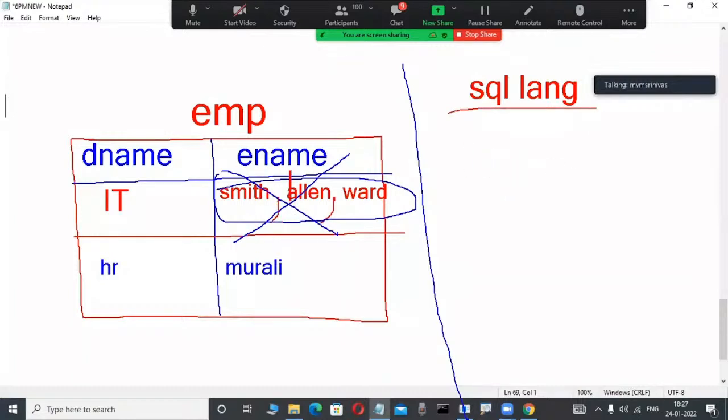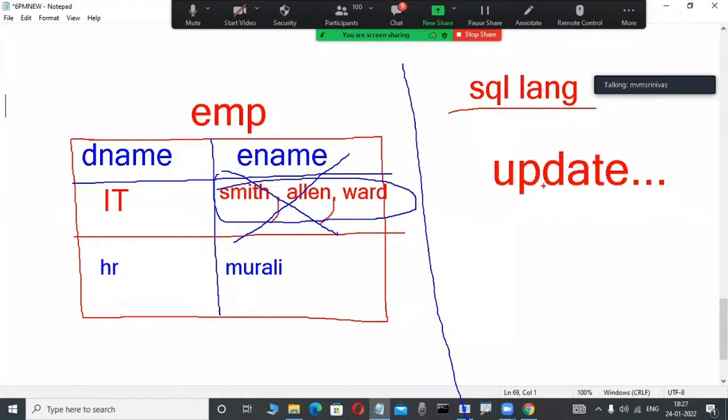Yes, we can represent multiple values separated with commas and create them also. Why is it not recommendable? Because of ANSI SQL. In the SQL language, a non-procedural language, some commands are there: update, delete, select, insert. Suppose I use the update command.